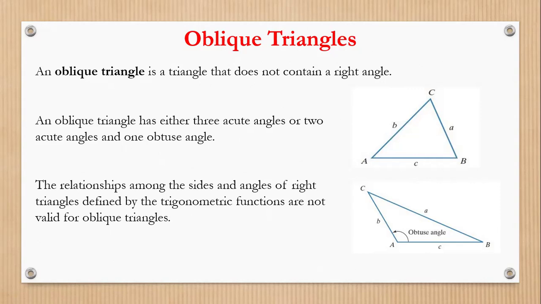So in previous chapters, we learned about the properties of the right triangle. Now in this section, we want to talk about non-right triangles, which are called oblique triangles.